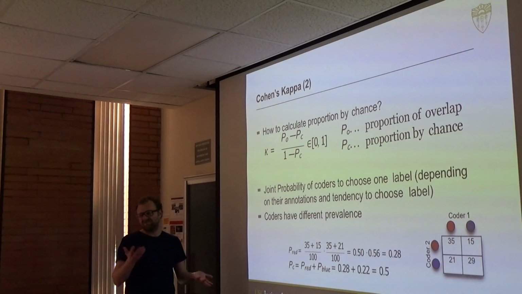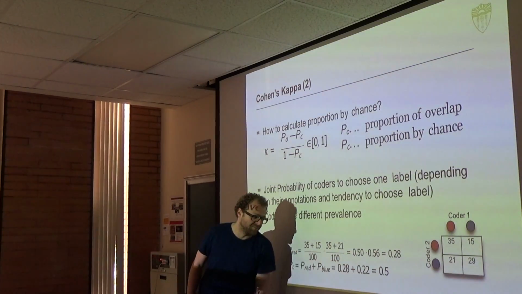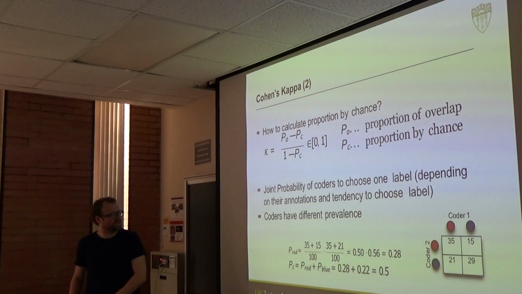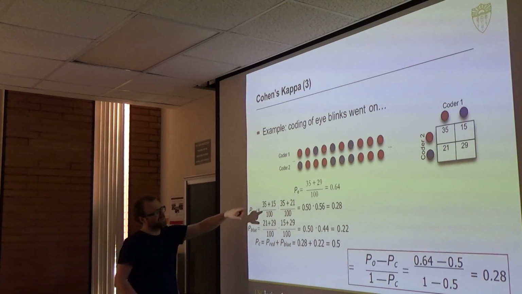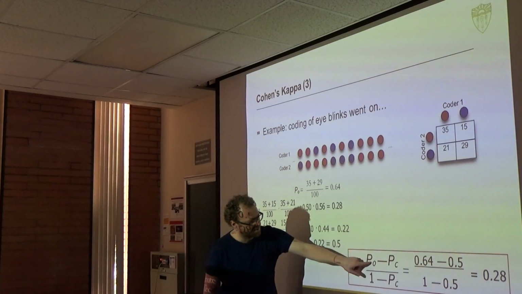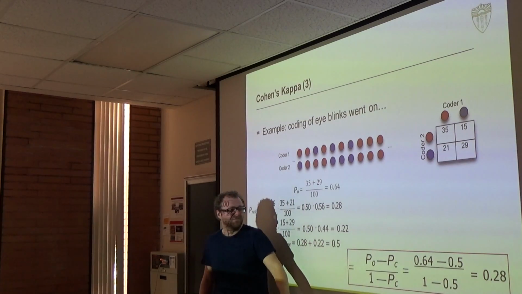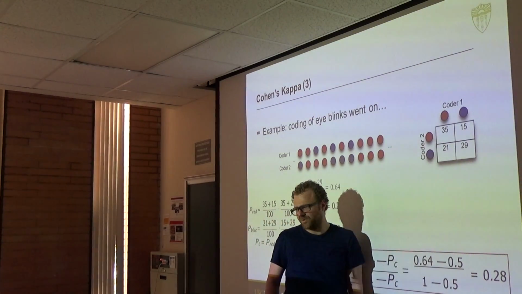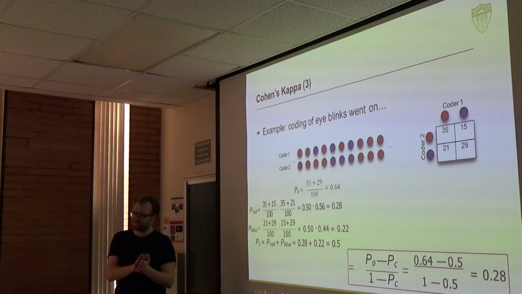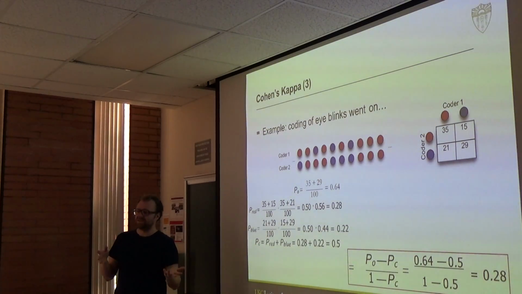That's their prevalences of saying one or the other, and here you use 0.5 as their prevalence. Then you compute the agreement, put it into your formula here, calculate the per chance agreement, which is 0.5, and you find out, whoa, they don't really agree that much, because kappa is valued between 0 and 1, and if it's close to 0, there's literally no agreement. If it's 1, there is complete agreement.